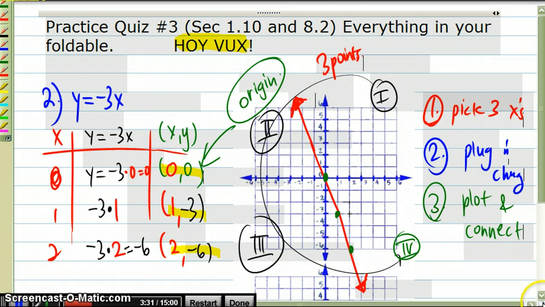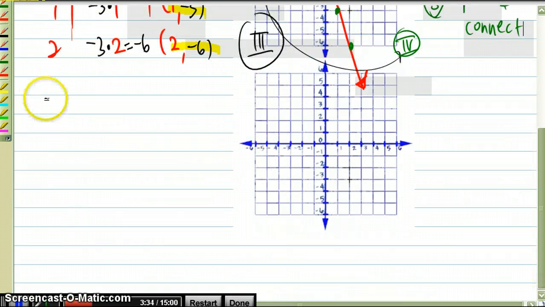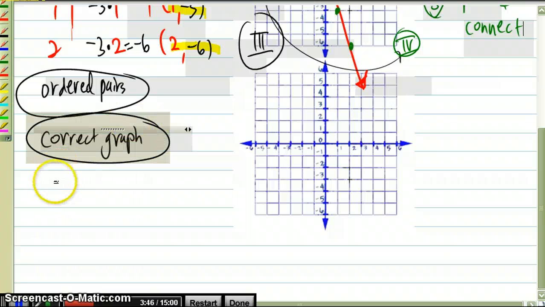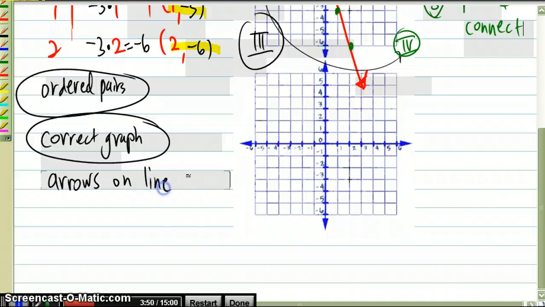So I'm looking for ordered pairs. I'm looking for the correct graph, so the correct line, and I'm looking for arrows on the line for 3 points each.